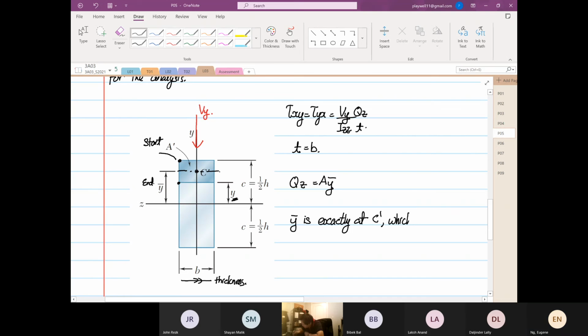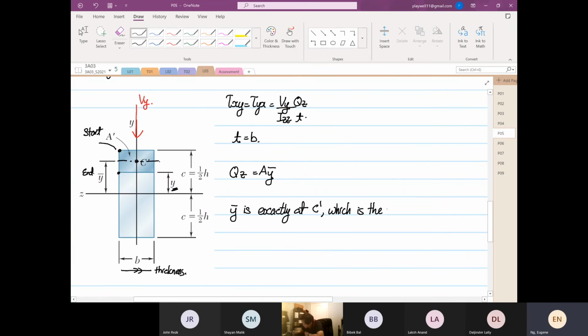Which is the centroid of the shaded area. Okay, that is okay. So now rule number one. The datum is not at the top or at the bottom.